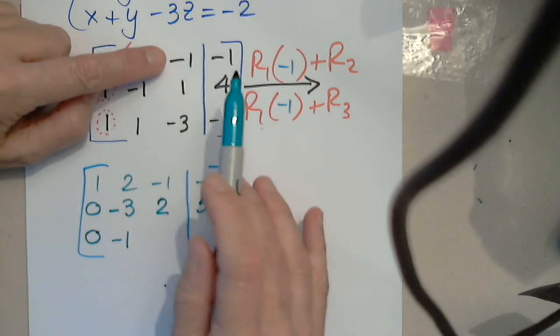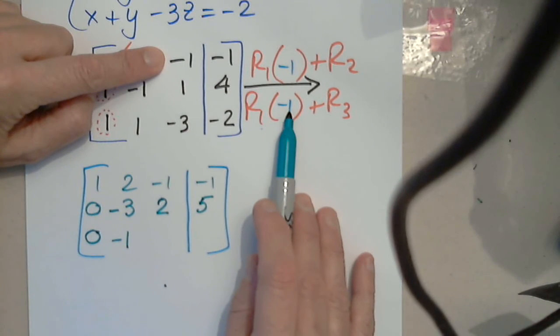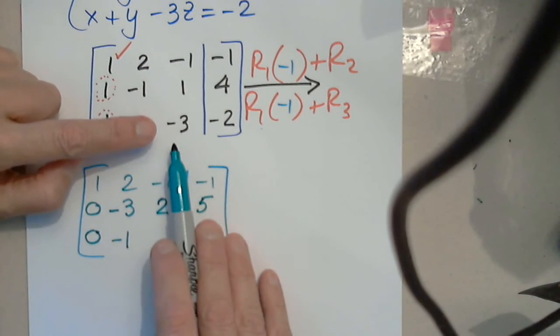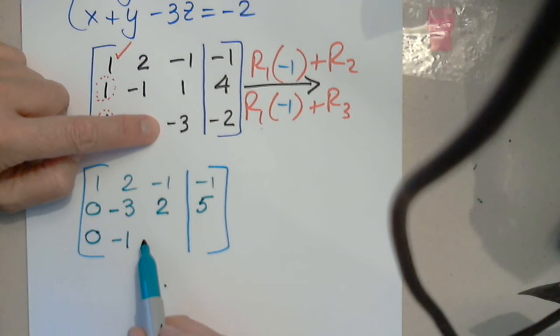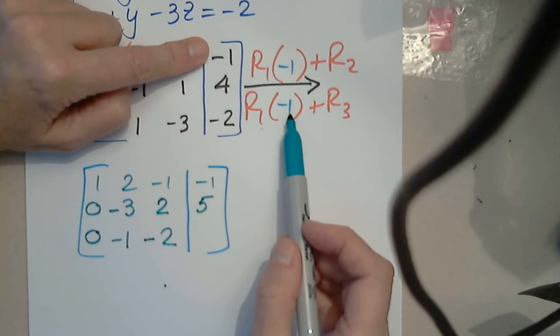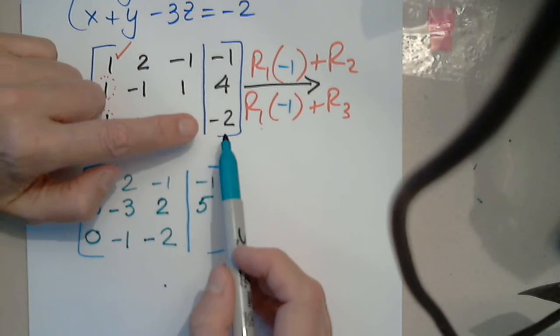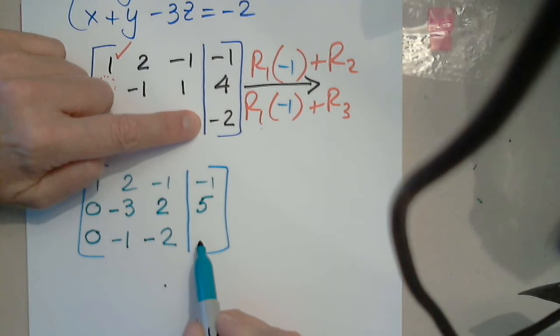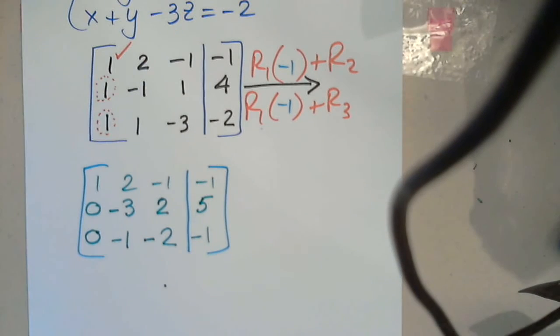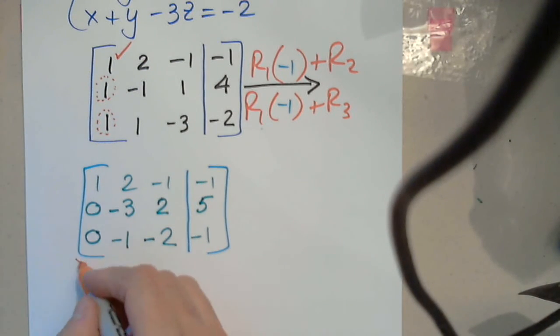Negative 1. Excellent. Negative 1 times negative 1 minus 3. Negative 2. Excellent. Negative 1 times negative 1 minus 2. Negative 1. Excellent. Great job. So we accomplished a lot.